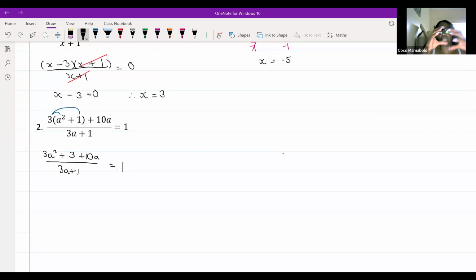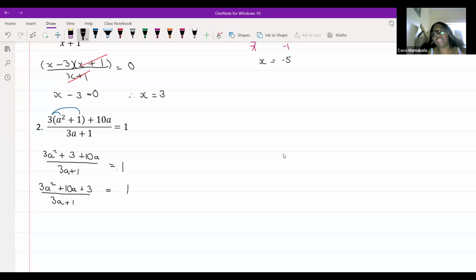It's just written in the wrong order. So let's rearrange it a little bit so that it looks like a normal trinomial. So I'm going to get 3a squared plus 10a plus 3 over 3a plus 1 is equal to 1.